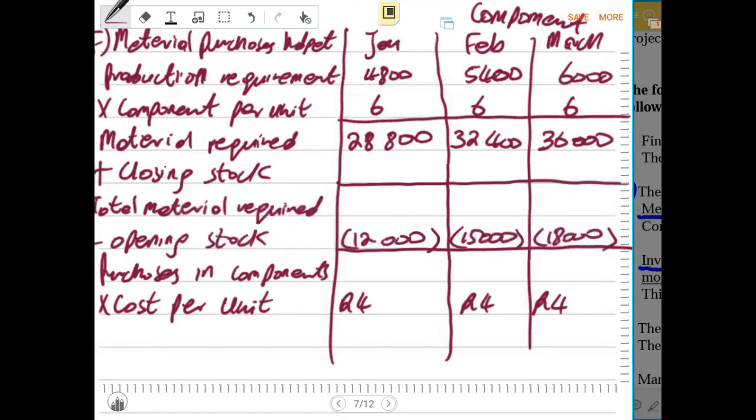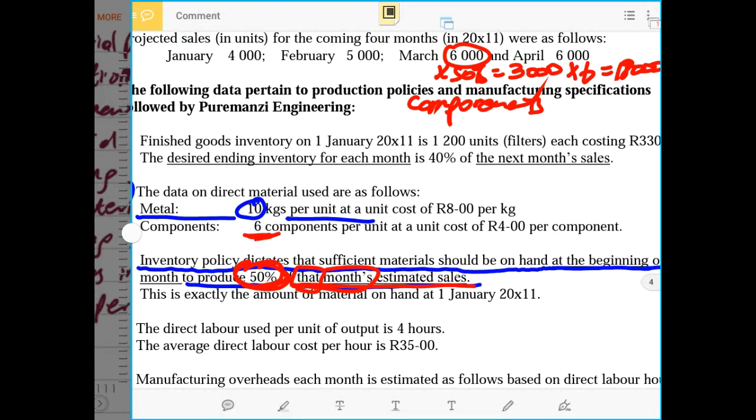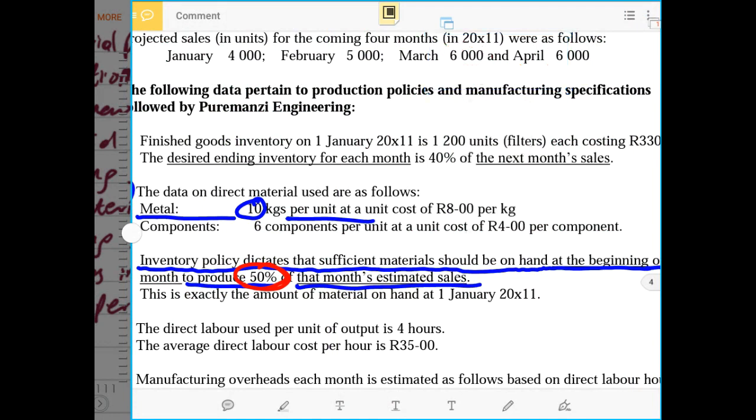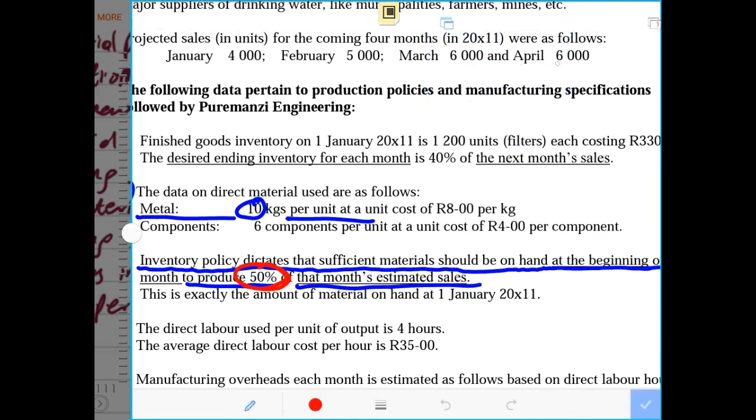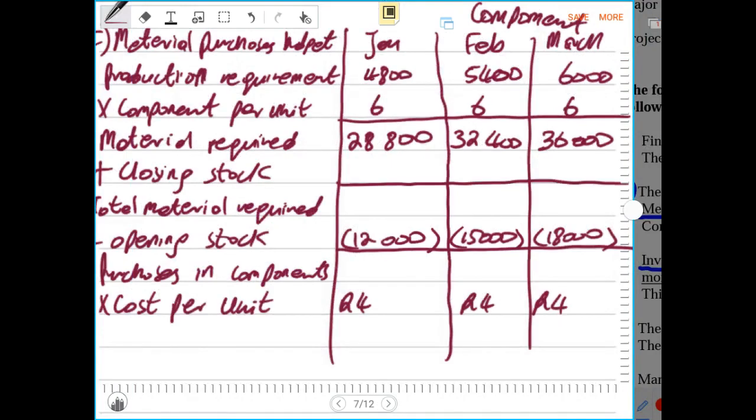Remember, similarly with the month of April, we have our sales being 6,000. Therefore, this will give us the same amount: 6,000 times 50% gives us 3,000, and 3,000 times 6 will be 18,000 components that are required to be there in the beginning of the period.